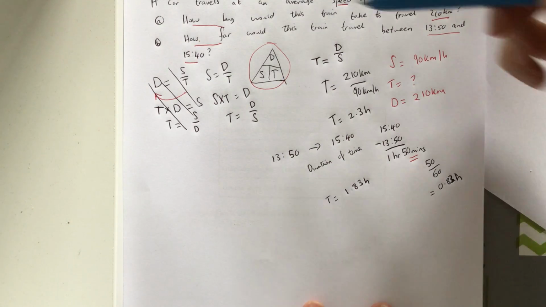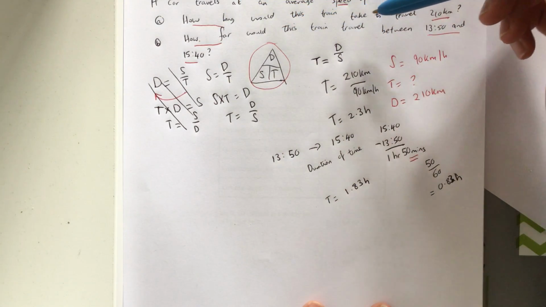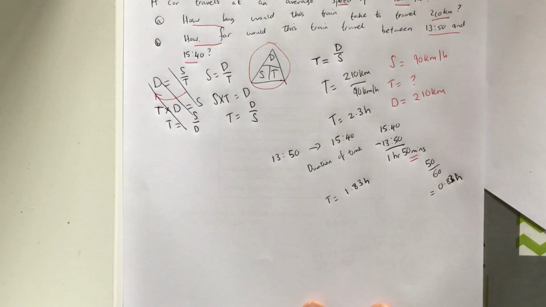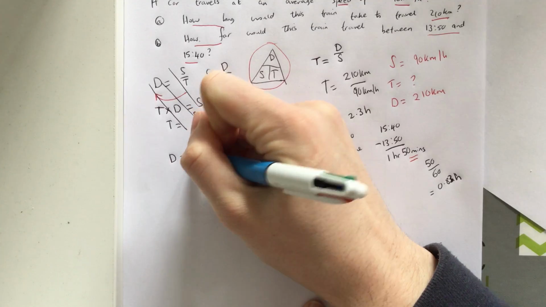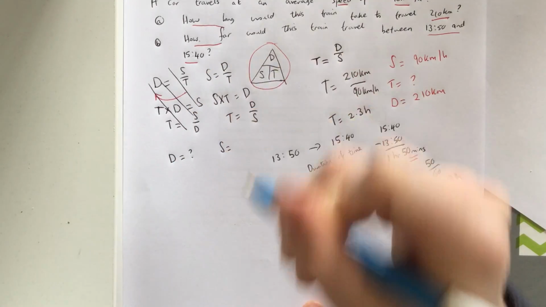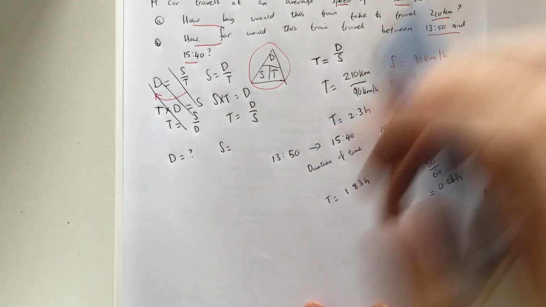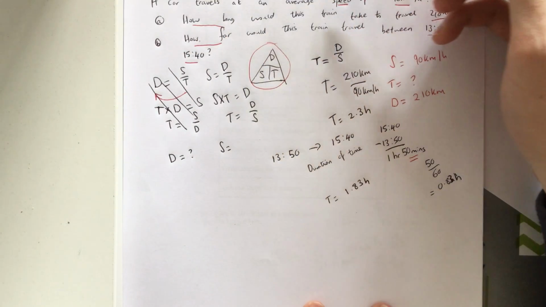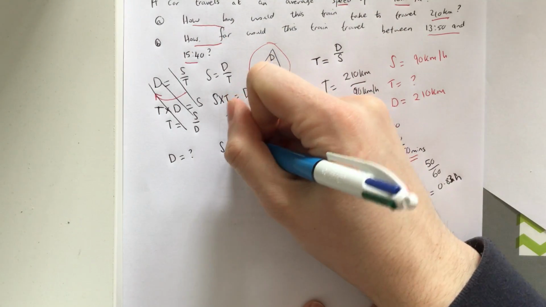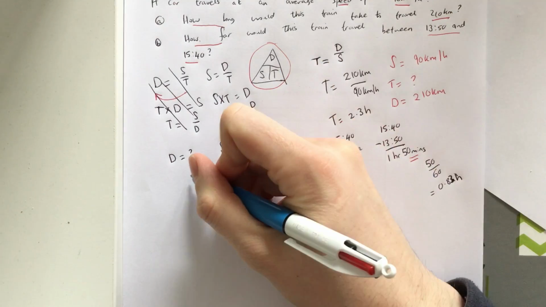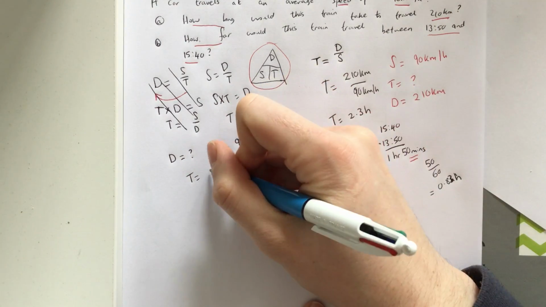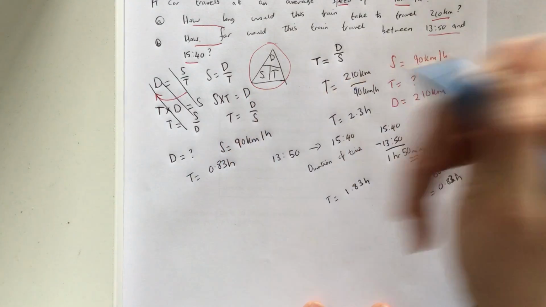So go back to the question. How far would this train travel between 1350 and 1540? How far means distance, so distance is unknown. Speed is known. If you go back to the original part, it says a car travels at an average speed of 90 kilometers per hour. And time, we've just figured it out, is 1.83 hours.